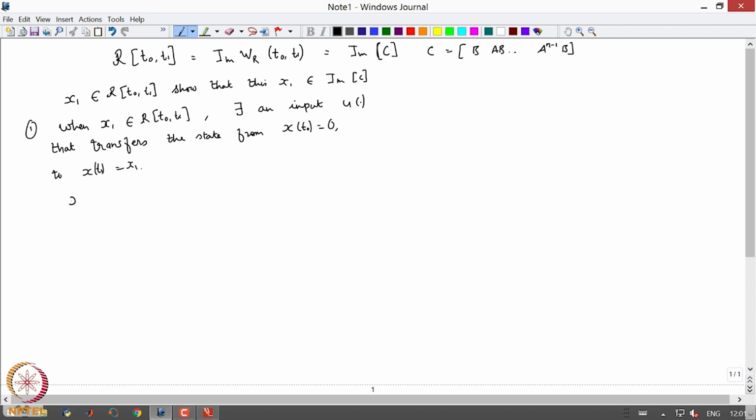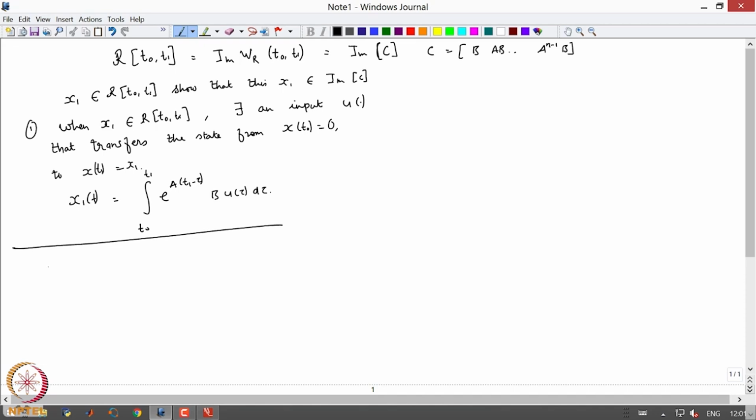Okay, which means in the LTI case it looks something like this: x1 equals the integral from t0 to t1 of e power A(t1 minus tau) B u(tau) d tau. Okay, so I just mentioned this briefly here, but we have done this earlier.